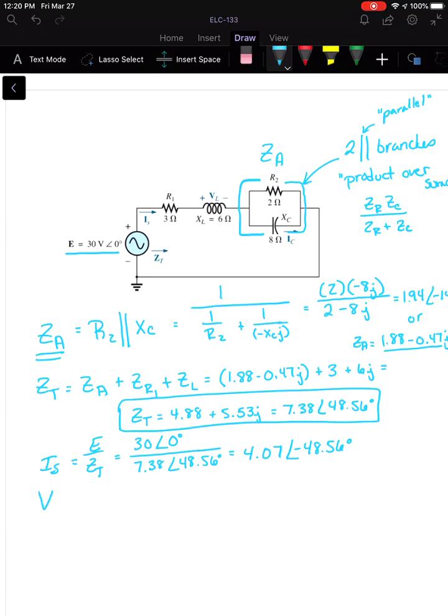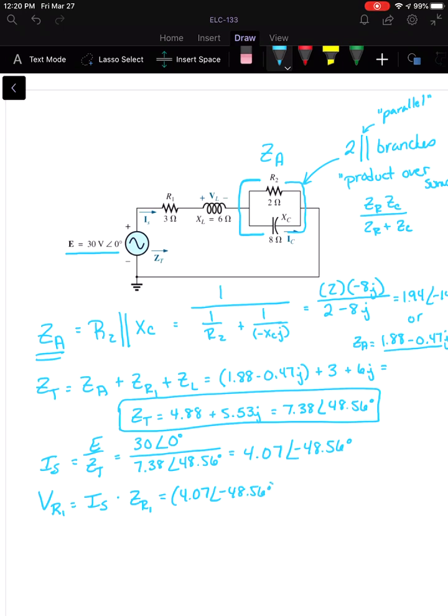At this point, we can find our voltage drops. So VR1 would be I sub S times ZR1. We could say R1, but let's stick to the impedance notation here.